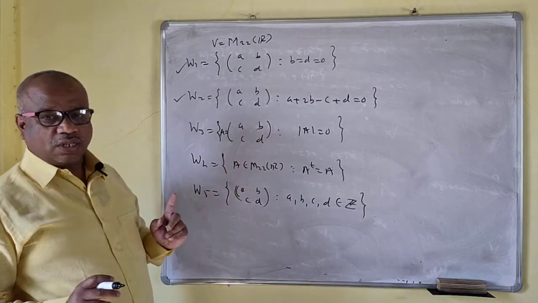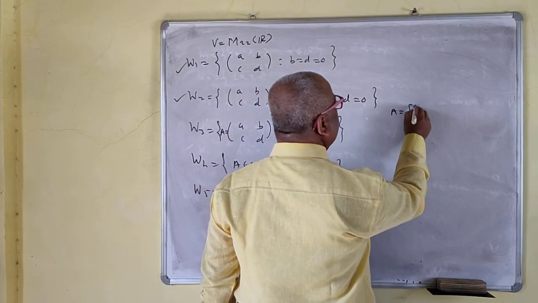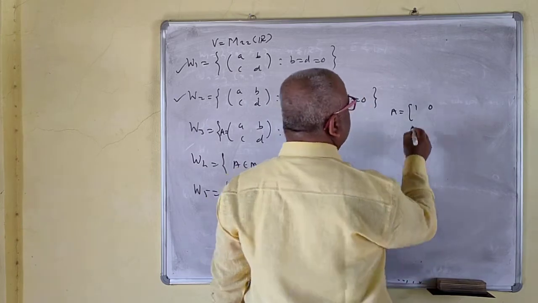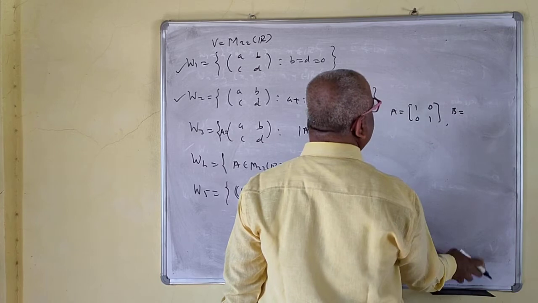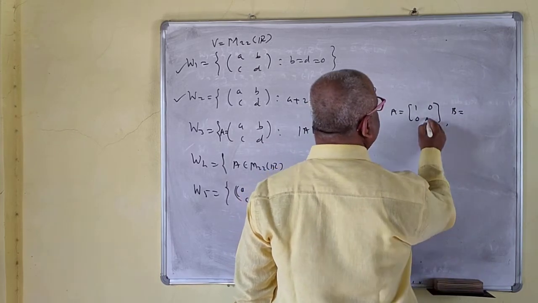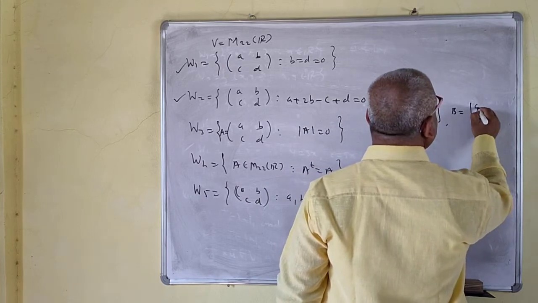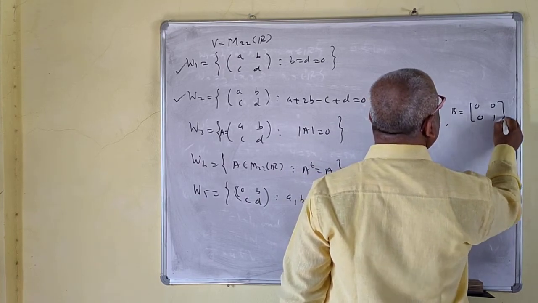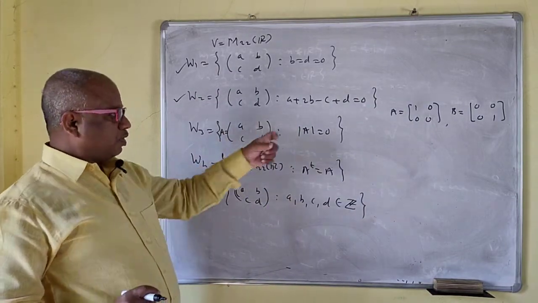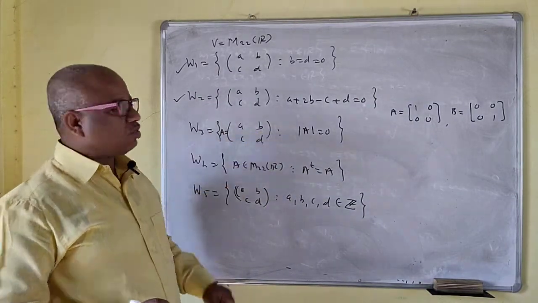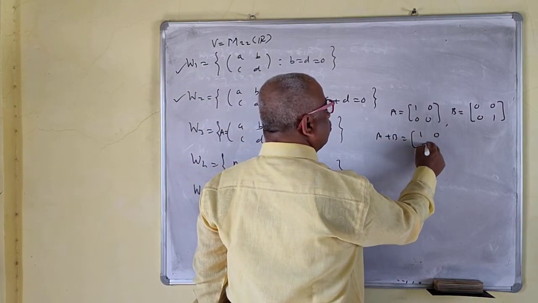0 belongs to W3. But see that A is equal to 1 0 0 0, and B is equal to 0 0 0 1. So now this A and B are in W, because determinant A is equal to 0 and determinant B is equal to 0, but A plus B is equal to 1 0 0 1.